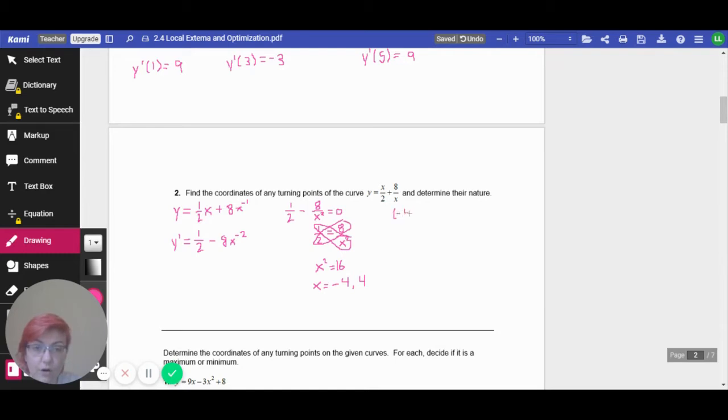At negative 4, I'm going to do negative 4. Remember, I'm plugging back into the original equation. So negative 4 divided by 2 plus 8 divided by negative 4. I get negative 4.